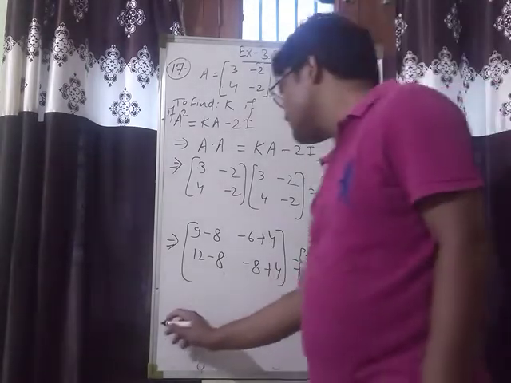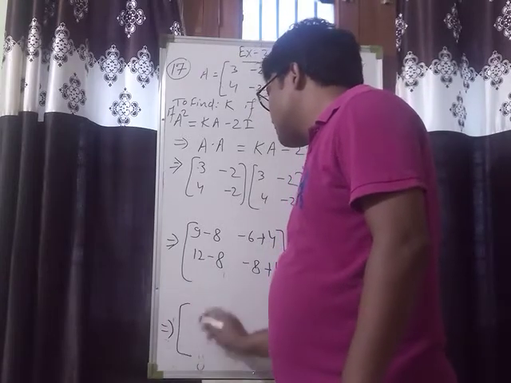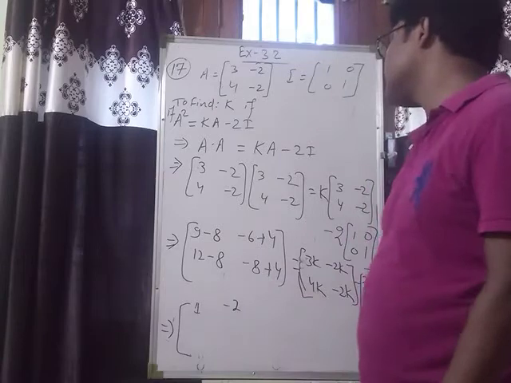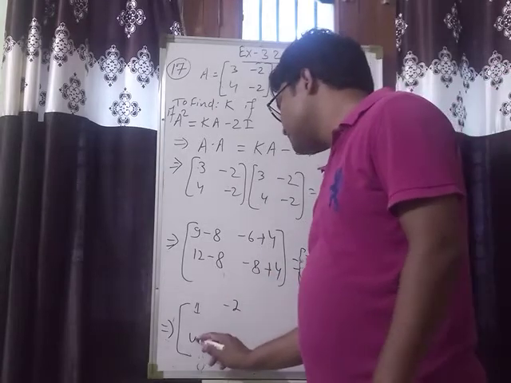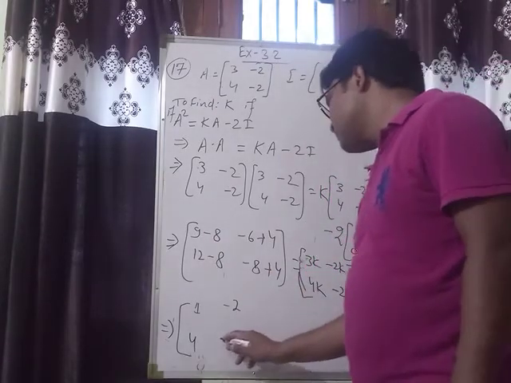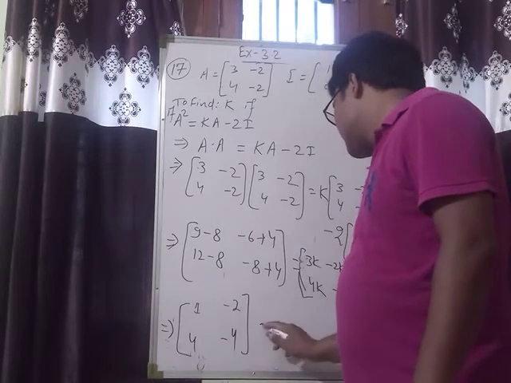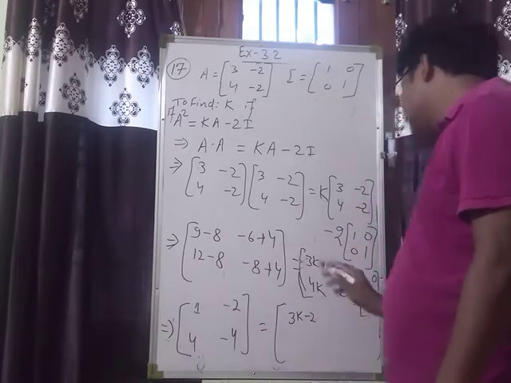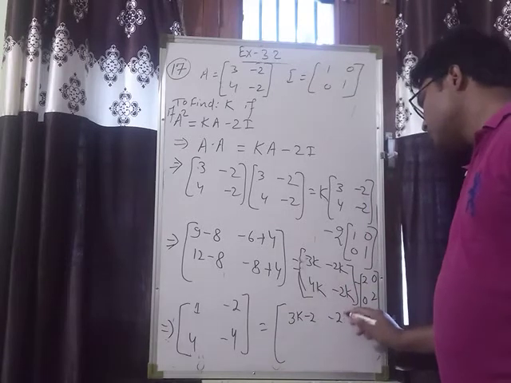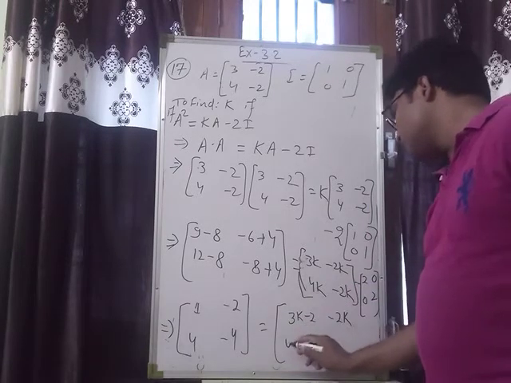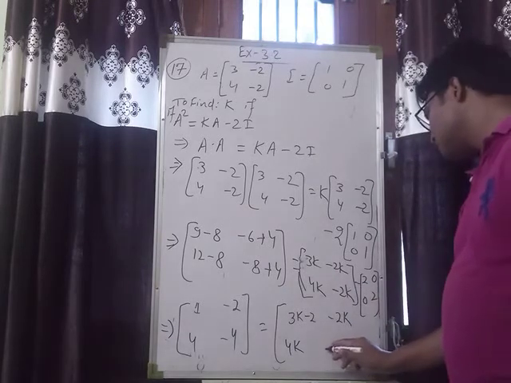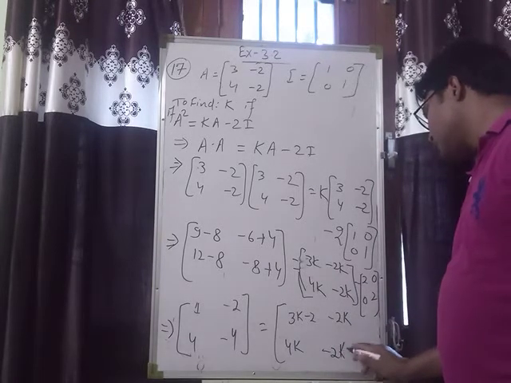So it will be, see, that is 1, that is minus 2, that is 4 and that is minus 4, and that is equal to 3k minus 2, this is minus 2k, that is 4k and that is minus 2k minus 2.